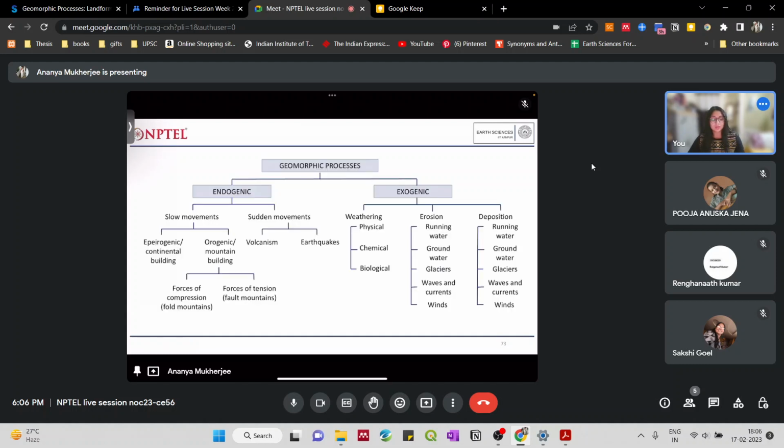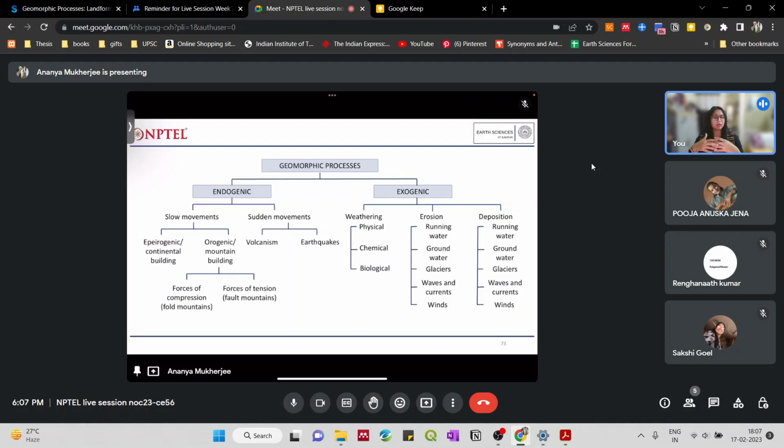Okay. So, under geomorphic processes, we have covered till now the endogenic processes. Endogenic means the factors or the driving forces that are shaping the earth, those are happening in the interior of the earth. So, mostly they are slow movements or sudden movements. We learnt about the different plate tectonic processes in the previous week.